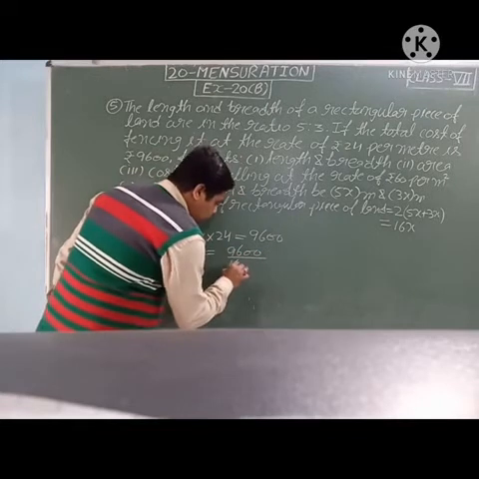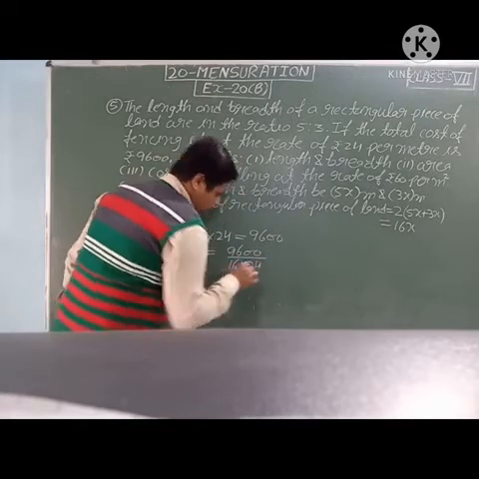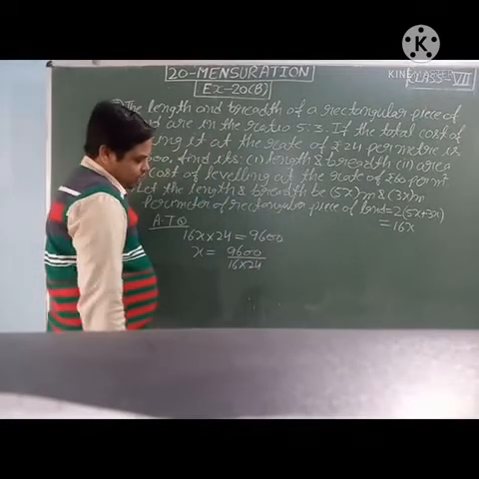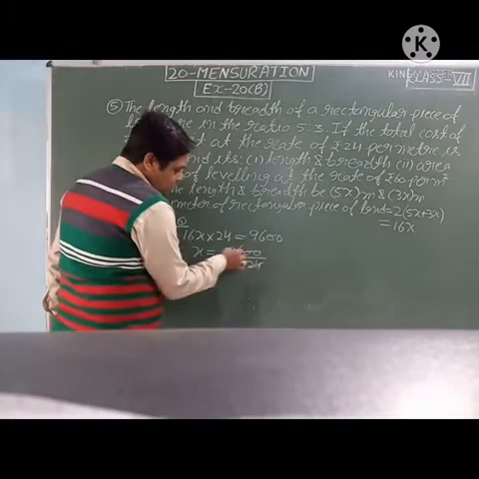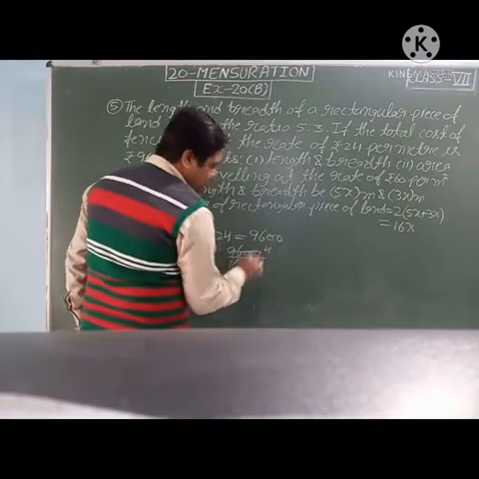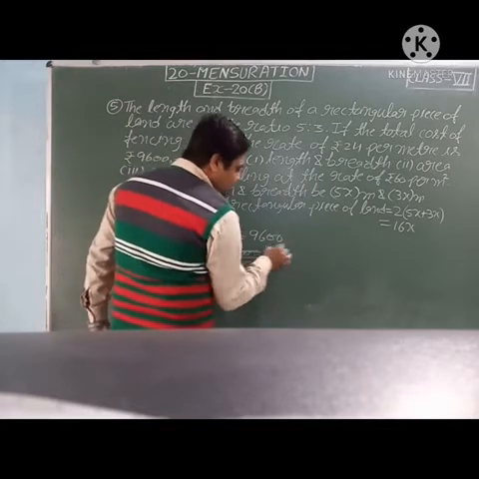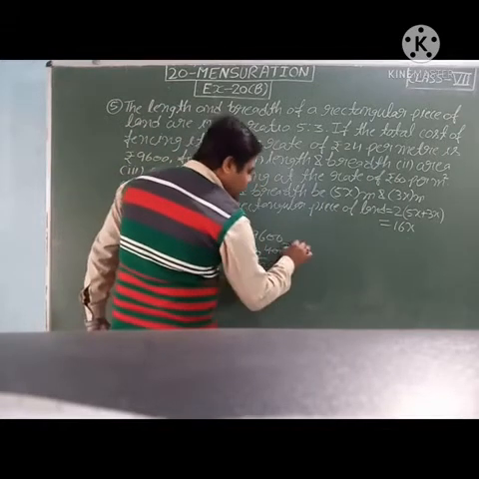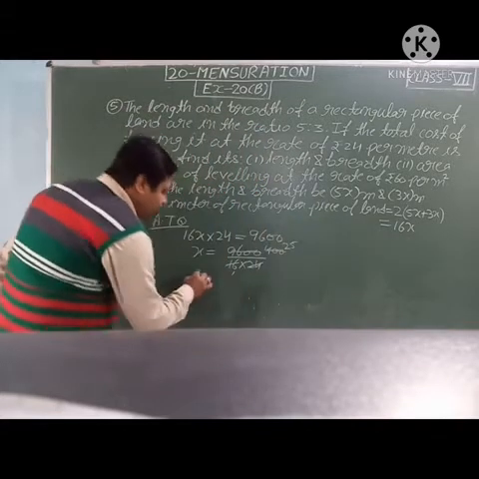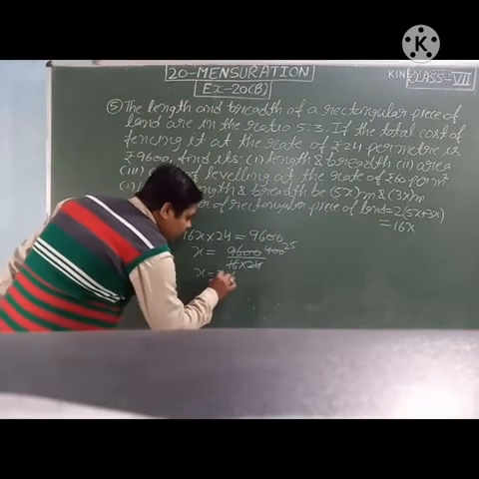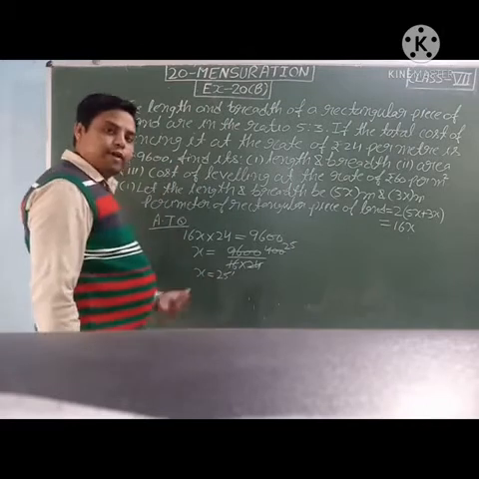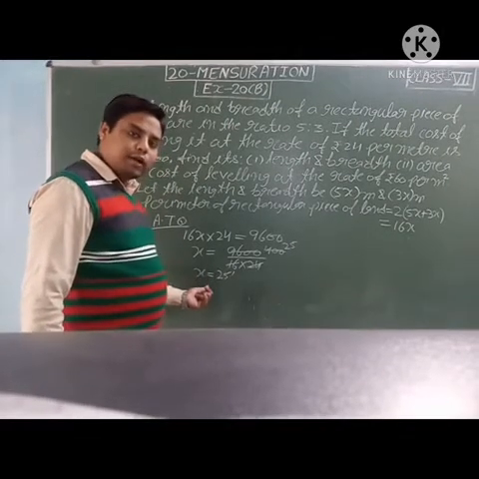So 16 multiply 24 is 384, and 9600 divided by 384 gives x equal to 25. The value of x is coming 25.